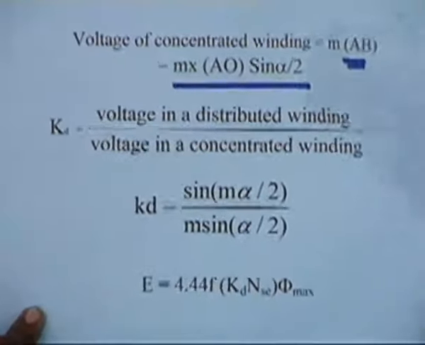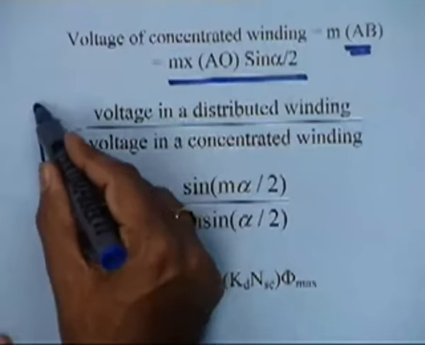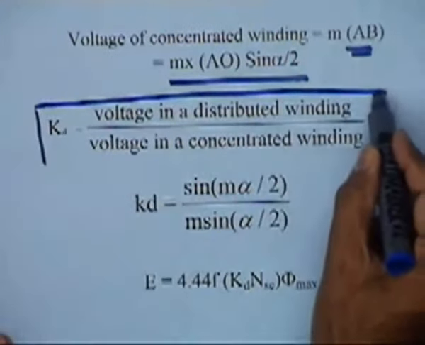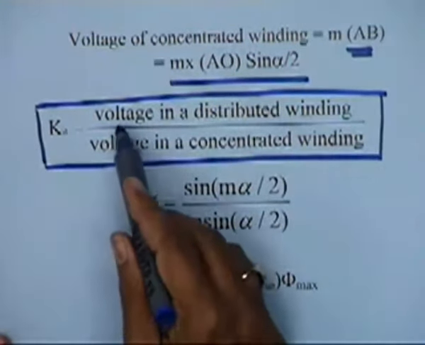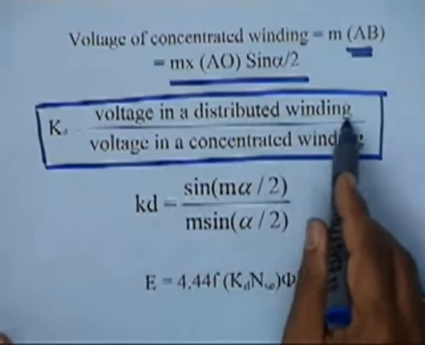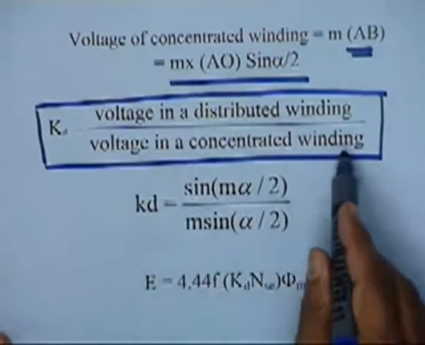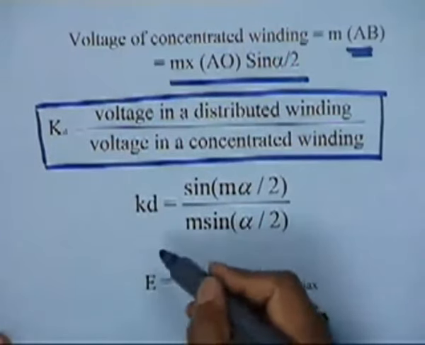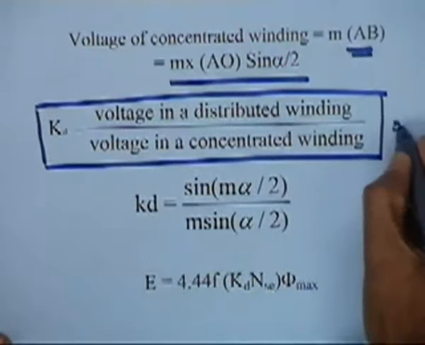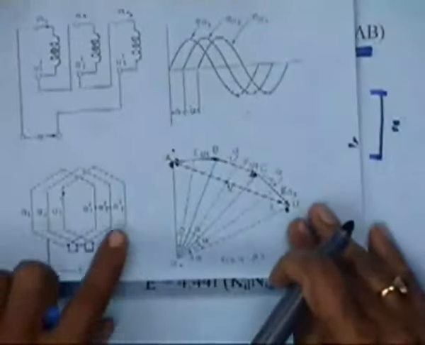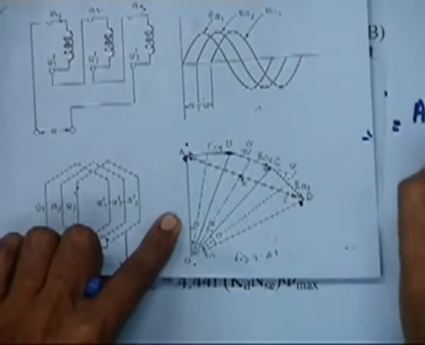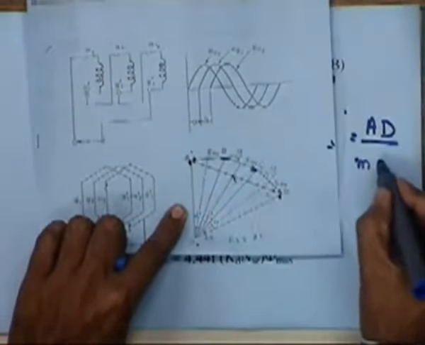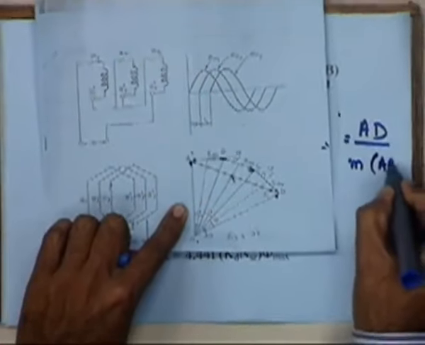And we come to an important definition of what is known as the distribution factor, or KD, which is the voltage in a distributed winding to the voltage in a concentrated winding. That means in this case, if you look at this picture, this will be the voltage AD divided by m times voltage AB.